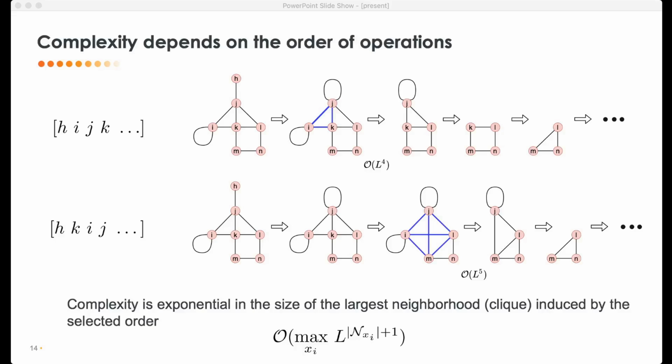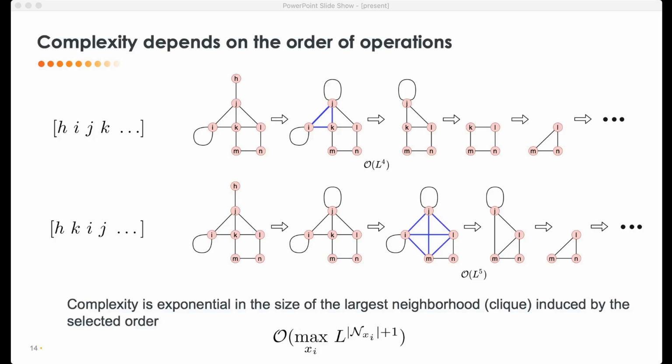It turns out that the order of contractions influences the complexity of the overall algorithm. If we contract indices in order h, i, j, k, then the maximal dimension of the intermediate is 3, and the overall cost will be L to the power 4.